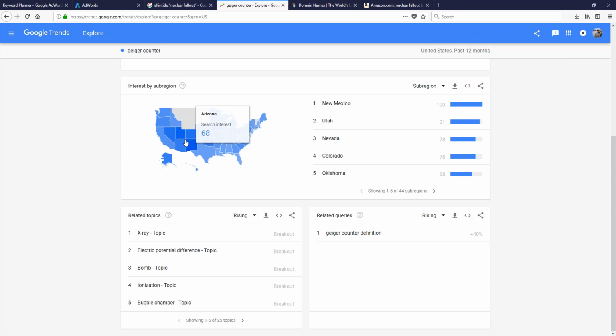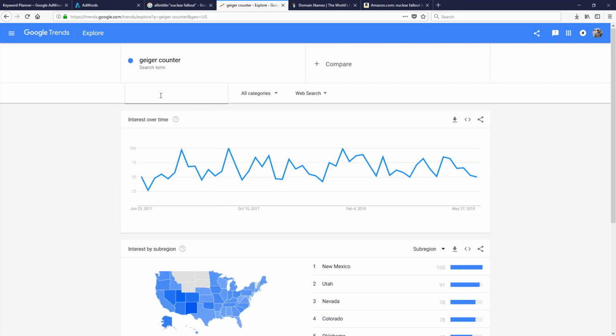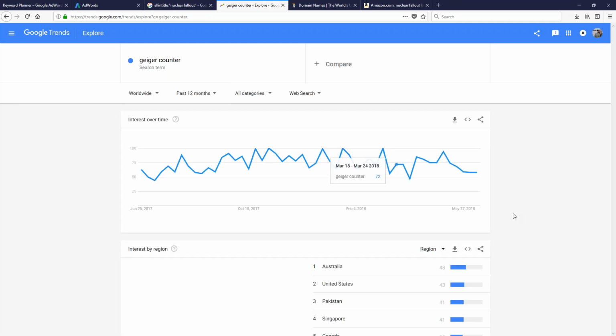If you can do a little bit of research on that and find things that can help you to attract the people in those given areas, that can add an extra boost of traffic to your site. Simply knowing whether or not it's popular within your country is important.